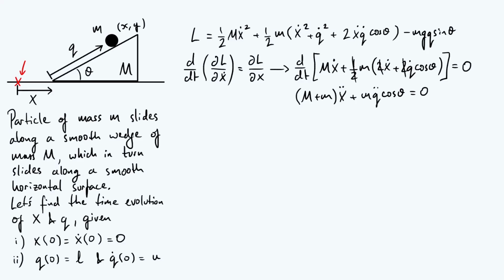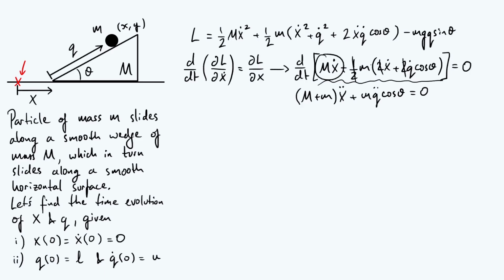Well, as it turns out, it does. Consider the physical meaning of the stuff inside the square brackets at the stage where I still had the time derivative explicitly at the front. This first bit, capital M times x dot, is just the linear momentum of the wedge in the horizontal direction.